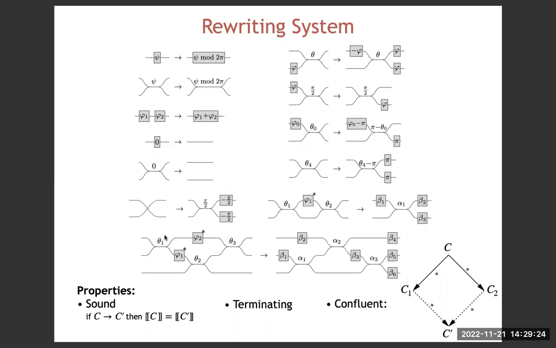The weight is bigger, such that this diagram is larger than this one, according to the measure we use for termination. So this is how we push the beam splitters down, and we get this triangular shape at the end of the day. Thanks.